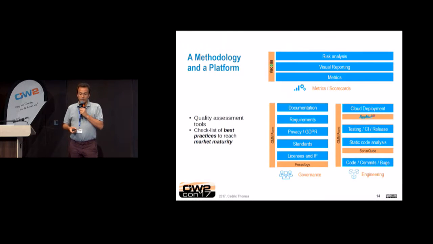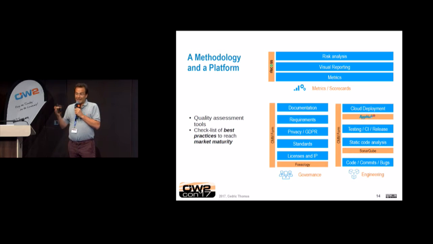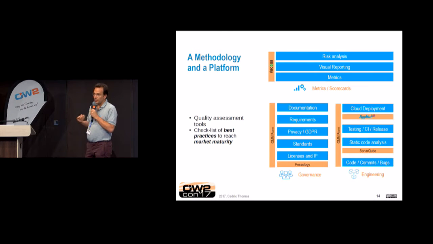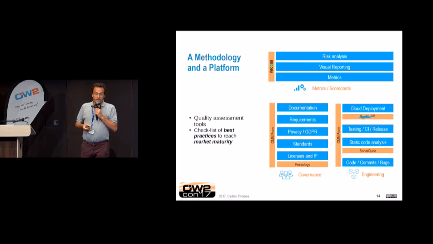So you can see that the governance pillar consists mostly of license and IP management, standards implementation, the way requirements are managed, etc. Engineering focuses more on code, bugs, tests, etc. And at the top, you can see that the goal of OSCAR is to bring high-level metrics like Bitergia that give insight about the project.